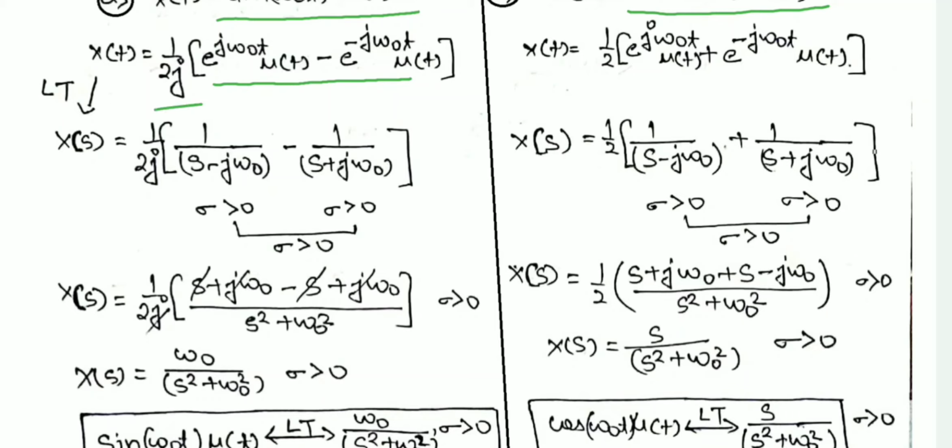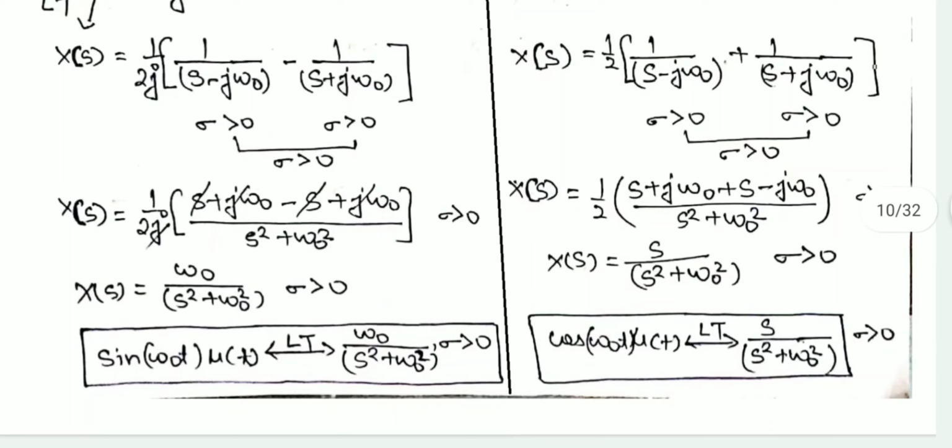In the same way, cos omega t is also broken into exponential parts, e to the power j omega t and e to the power minus j omega t, we add them and then divide by 2, and ut is multiplied to the overall signal. Therefore, both signals are multiplied with ut. As ut is right-sided, their ROC also becomes right-sided.